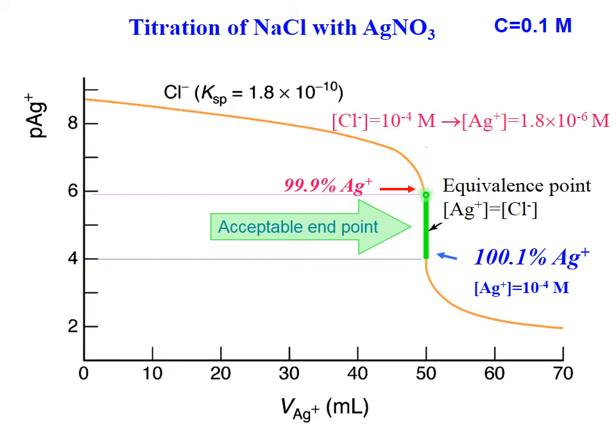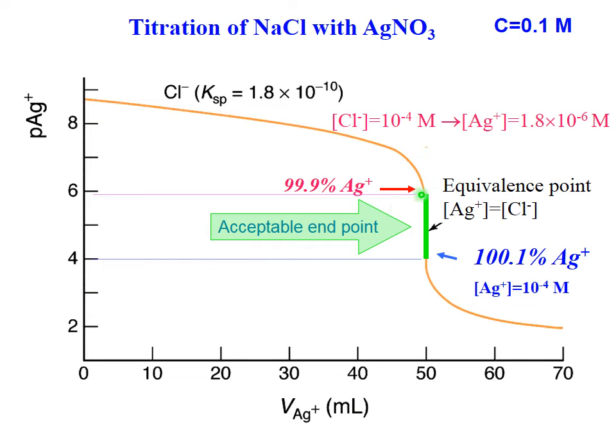So very little chloride is left, and then if I add an extra drop of silver, it instantaneously jumps to stoichiometry, at which the concentration of silver equals the concentration of chloride, and then I have over titration. If I have one extra drop of my silver, I have 10 to the negative 4 molar of silver.